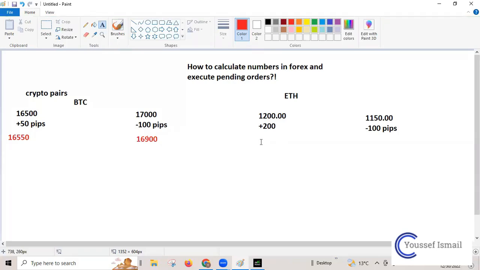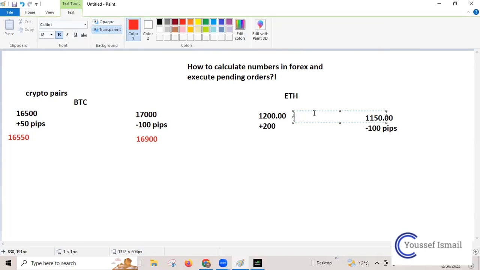Now we are going to talk about the numbers for Ethereum, how to add and subtract. And we have two examples. Let's start with the first one from the left, 1,200, and we need to add 200 pips to that. So here we are going to make a change by moving the decimal point to the right to be before the first number from the right.